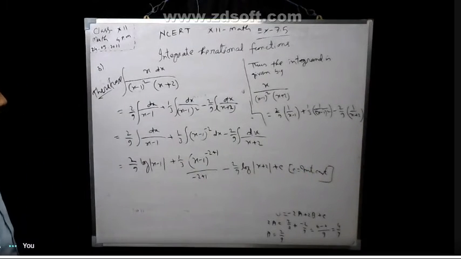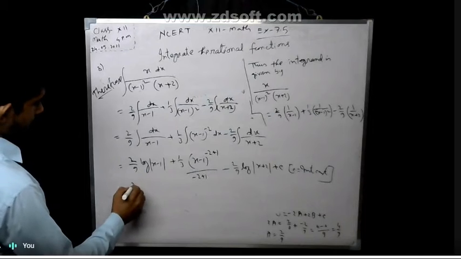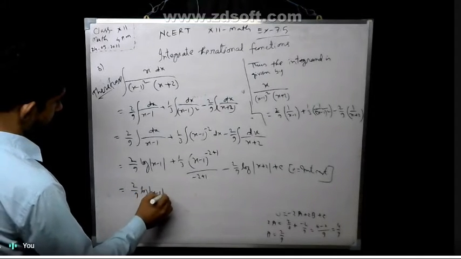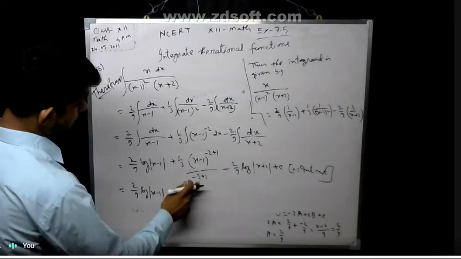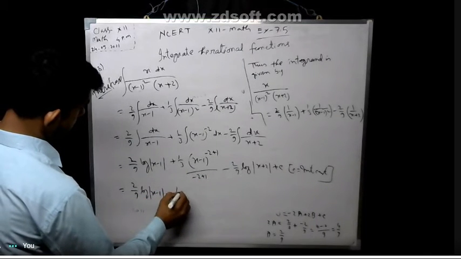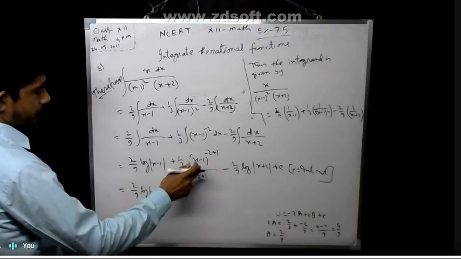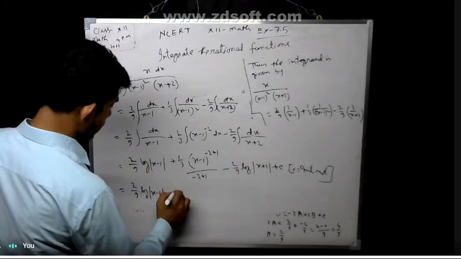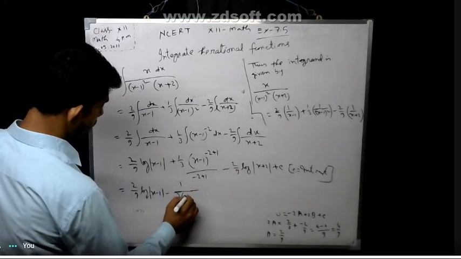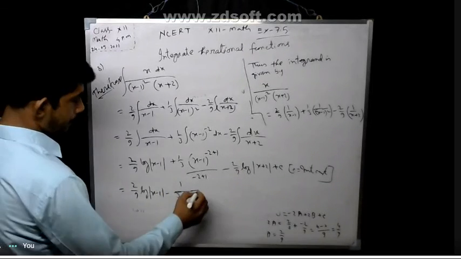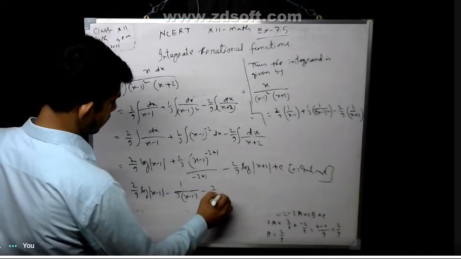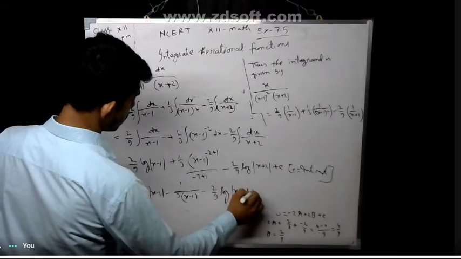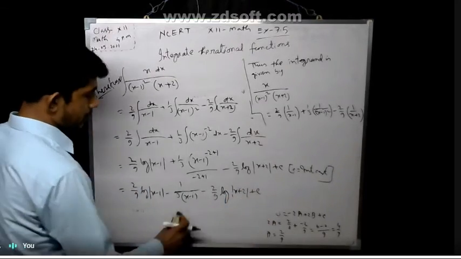This completes the answer actually. Then we can write again 2 by 9 log (x minus 1) minus 1 by 3 into 1 by (x minus 1), minus 2 by 9 log of (x plus 2) plus C. This completes the answer.